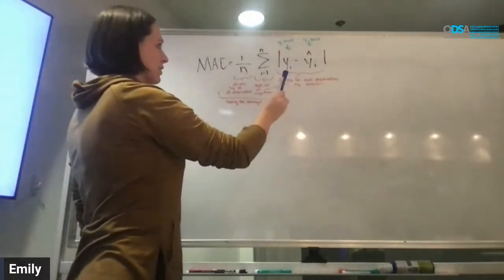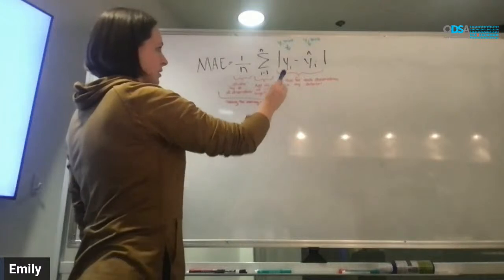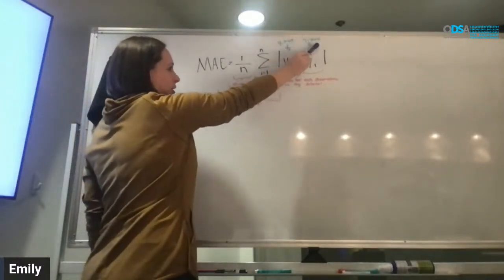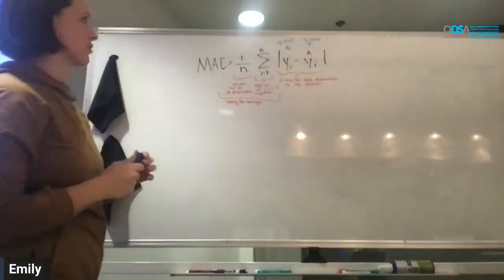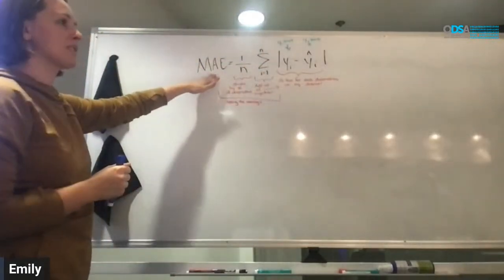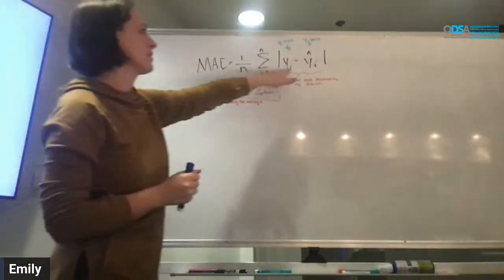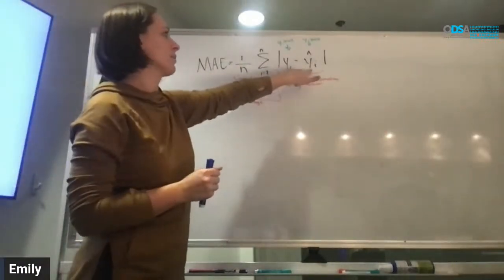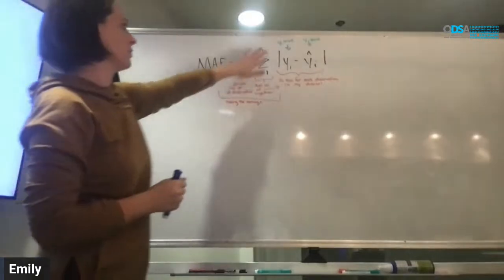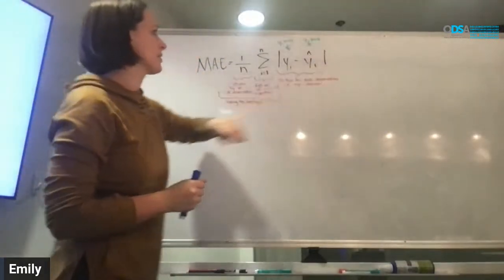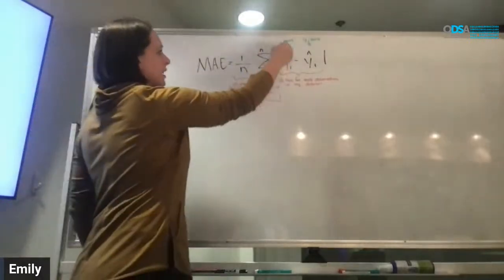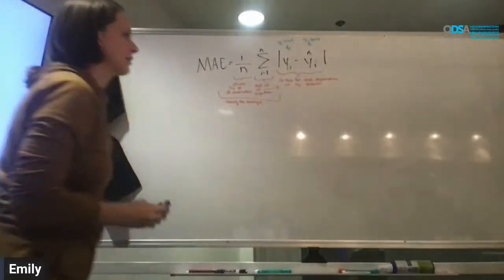So the average absolute difference between our true value and our prediction. Mean absolute error. This is the error, Y_i minus Y_i hat. That's the error. Absolute, our absolute value signs. Mean, this average. So mean absolute error.